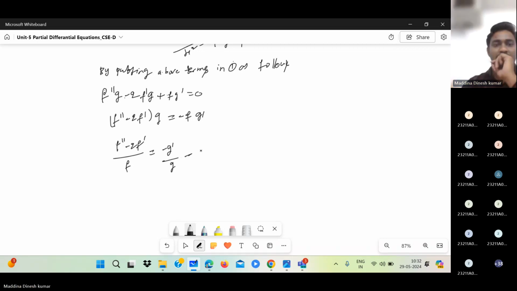This ratio I am assuming equal to some k, in the bracket I am writing say k.